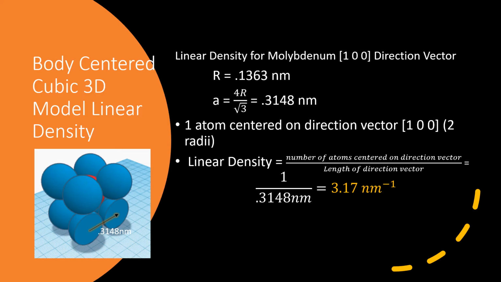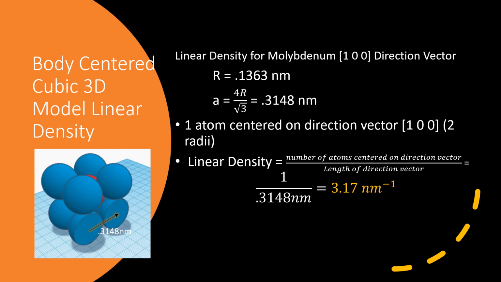Moving on to the linear density, first you have to get a direction vector, and the one chosen was 1, 0, 0, so that would start from the origin where the line starts and move there. The reason it's half of the atom is because the unit cell is a sliced version of this. For your radius, you get 0.1363.